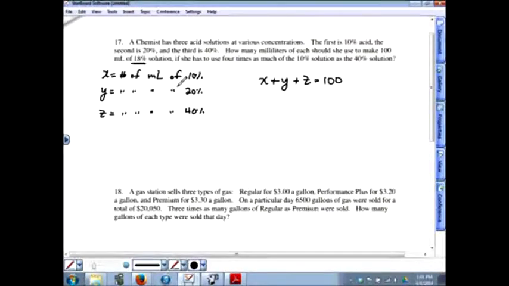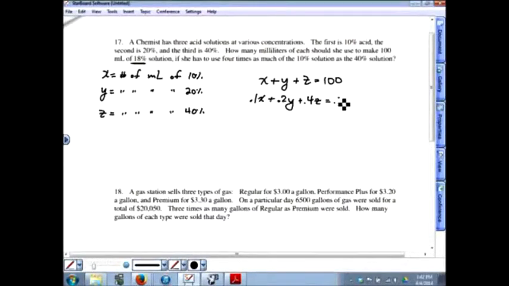So now we have to start talking about the concentration. So we're going to have 0.1, 10% of x, because the x solution is 10% concentrated. We're going to have 0.2 y plus 0.4 z, and here's where students make a very common but very costly mistake.